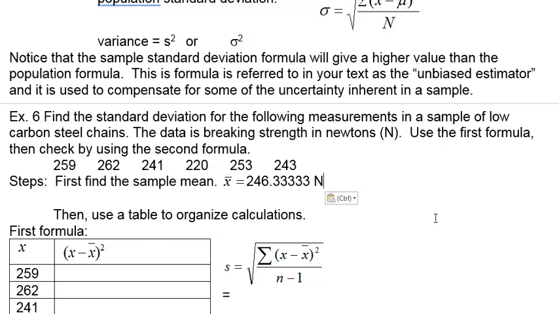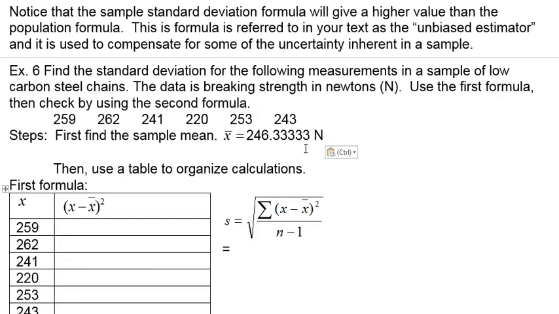Now this is one where, because we end up dividing by 6, we get a repeating decimal. It's a good idea to learn how to use the memory button in your calculator, because if you look at our formula, we need to do x minus the mean for each one of these 6 data points. So we're going to have to subtract this value for each one. And since this isn't our final answer, we don't want to round it, right? Because it's not our final answer.